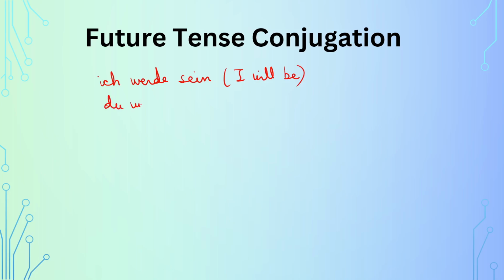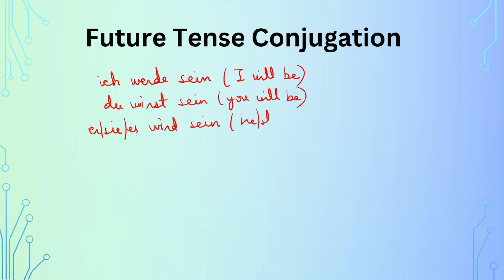Du wirst sein, you will be. Er, sie, es wird sein. He, she, it will be. Wir werden sein.